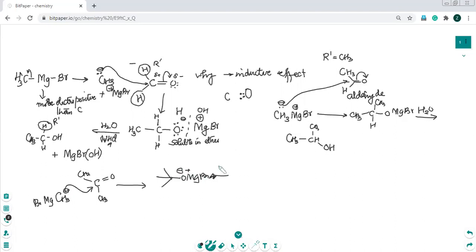Now react this with water. I'm writing all the sequence because I don't want to assume that you understand it. This is how you make different alcohols using a Grignard reaction.